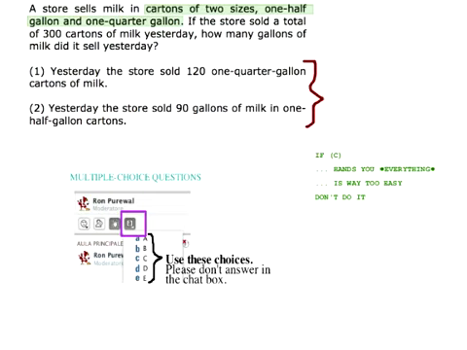So if you're picking C, this would just be like, let's do some arithmetic, let's add this all up. This would be 30 gallons, and this would be 90 gallons. So C here would just be 30 plus 90. Don't do it.